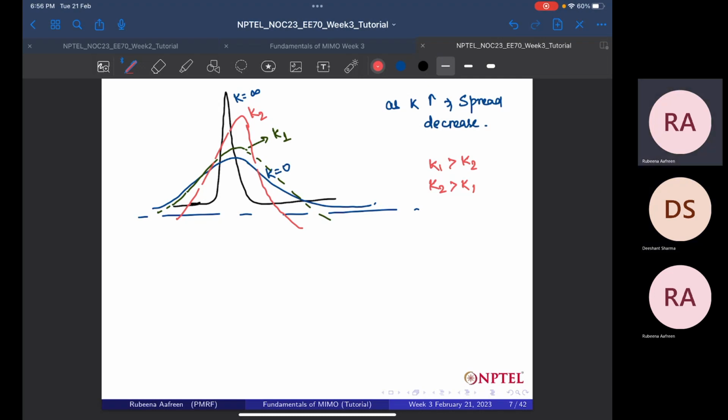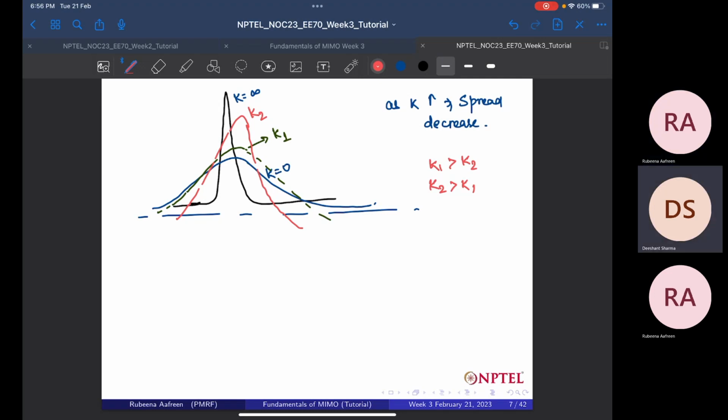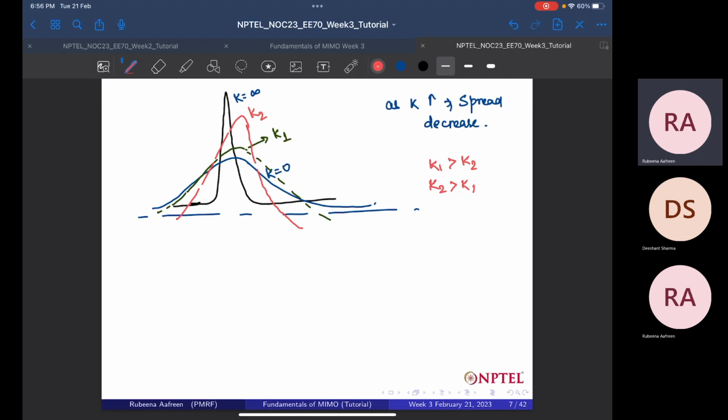See, this is the Rician fading channel's envelope, right? So what I'm saying is that if k equal to 0, we have the Rayleigh fading pattern, and if k is infinity, that will be no fading. Now I have taken two plots, k1 and k2.